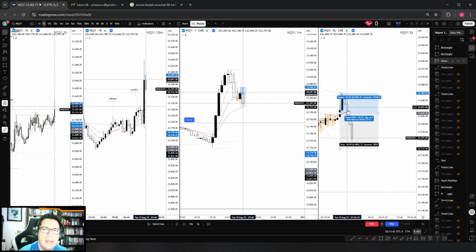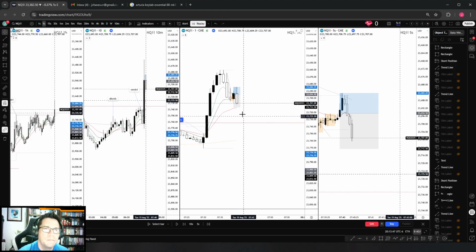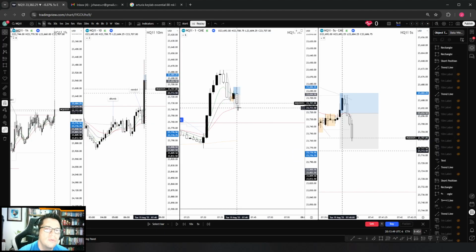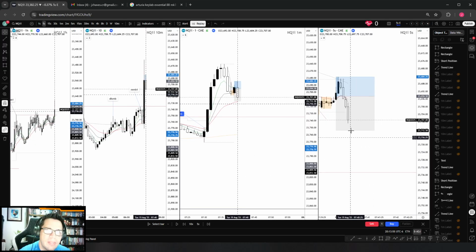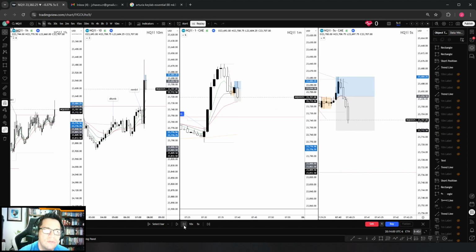So in case price came back to entry point, that would be a break even trade for me. But as we were having a strong momentum move here to the upside, and as we have here the 20 right below us, I was actually mentioning that there was a high chance that we would get a stop loss here on this trade. And this is actually what happened.